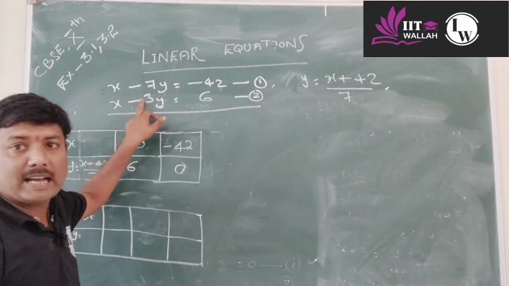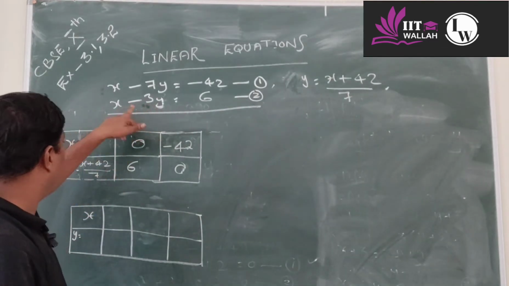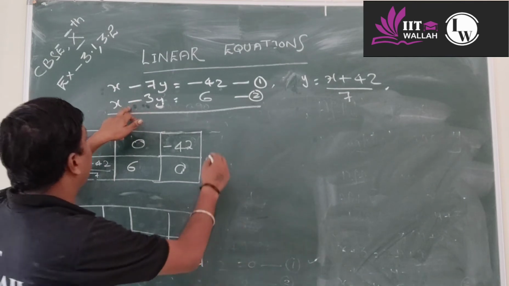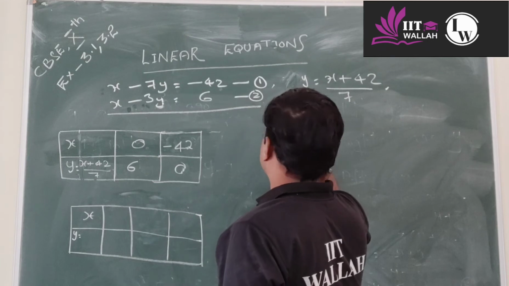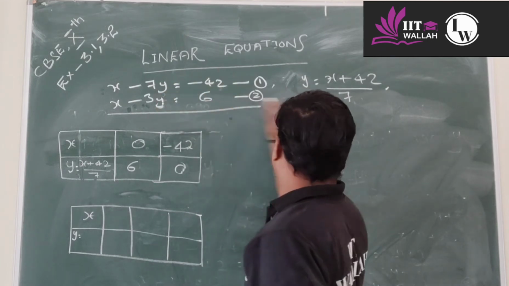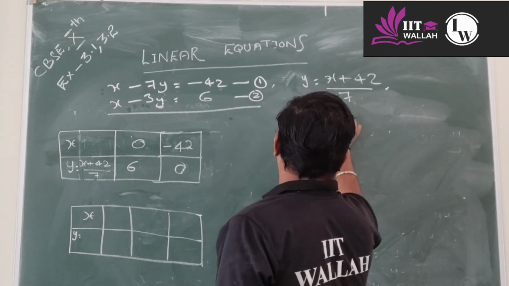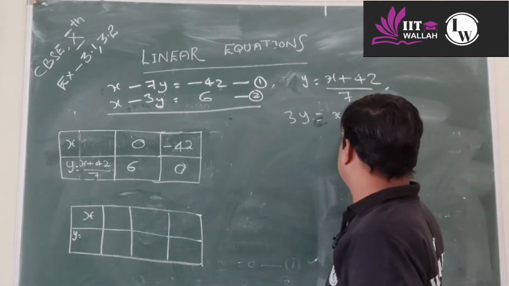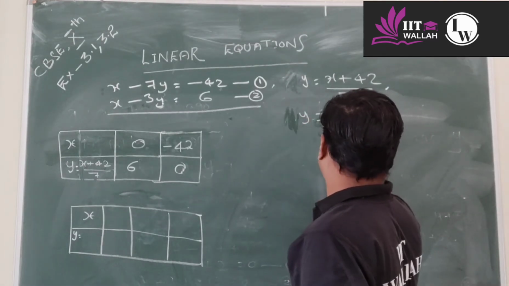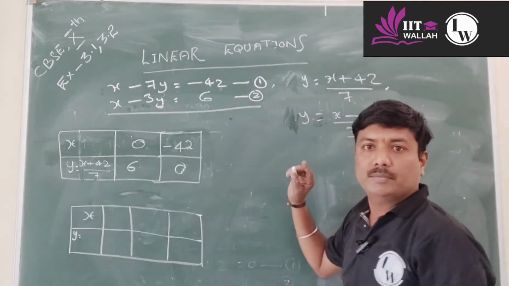Now we will consider the second equation, which is this. From this you can understand that 3y will be, take 3y here, x minus 6. 3y will be nothing but x minus 6. So y will be x minus 6 by 3. Understood?